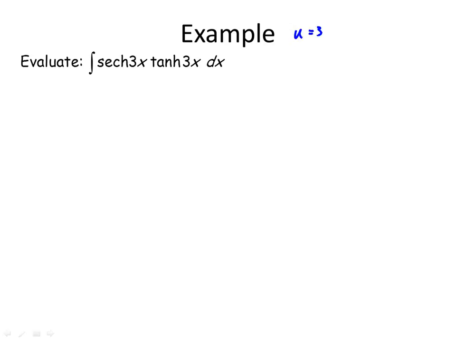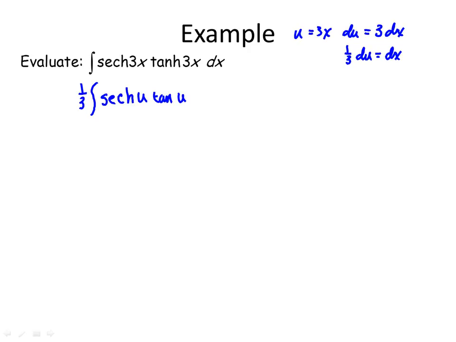U is 3x. Therefore, du is going to be 3 dx, which is not what I need, so it's going to be 1/3 du equals dx. So now I'm good to go. So I'm going to have 1/3 times the integral of sech u tanh u du.